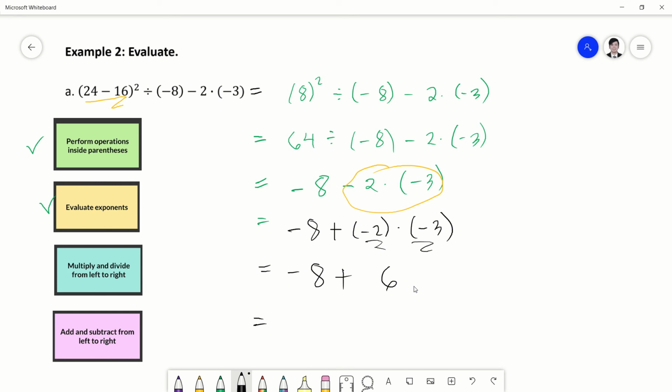Negative 8 plus 6, they have different signs again. So we need to subtract. 8 minus 6 is equal to 2. Then the absolute value of negative 8 is 8, and this is 6. 8 is greater than 6. So we follow the sign of negative 8, which is negative 2.